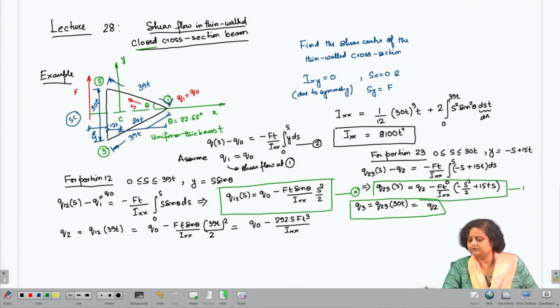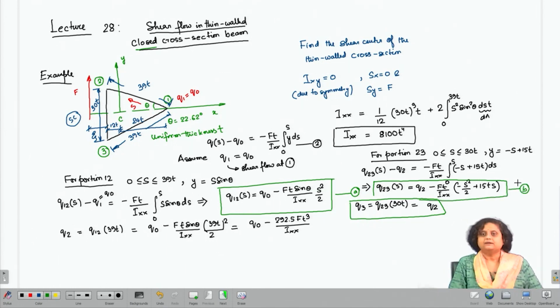So, let us call this as P. Now, Q2 equals Q3 is also justified physically, because it has a symmetry about the x axis. The shear flow at point 2 has to be exactly equal to the shear flow at point 3. Therefore, we get Q2 as Q3.